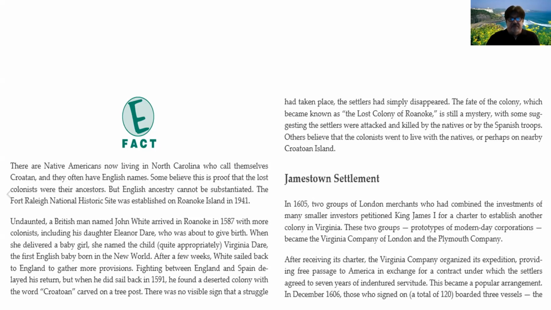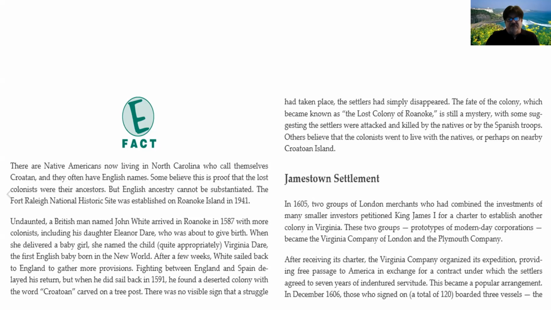Okay. So to continue reading, after receiving its charter, so they were accepted, the Virginia Company organized its expedition, providing free passage to America in exchange for a contract under which the settlers agreed to 7 years of indentured servitude.